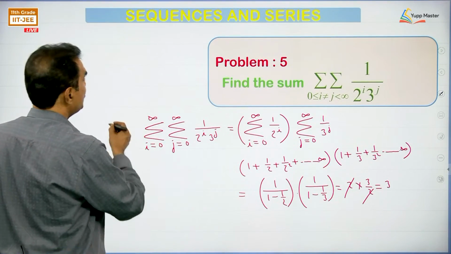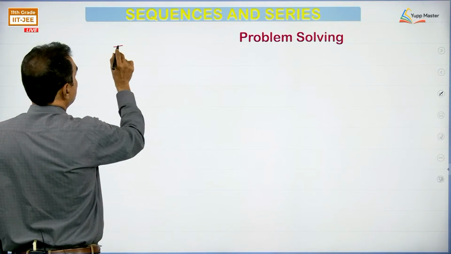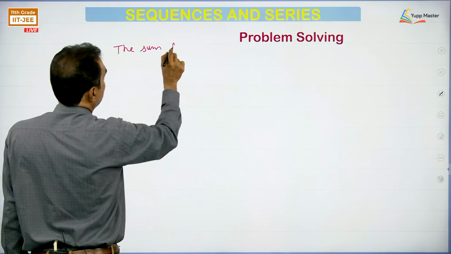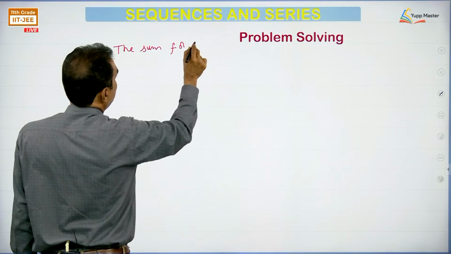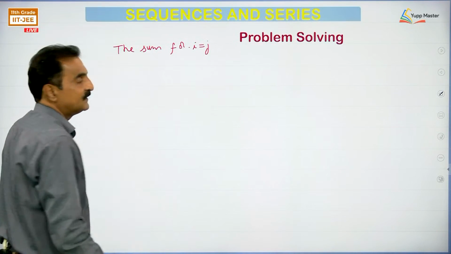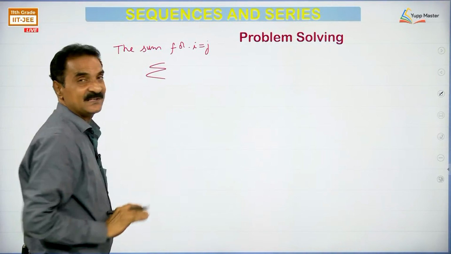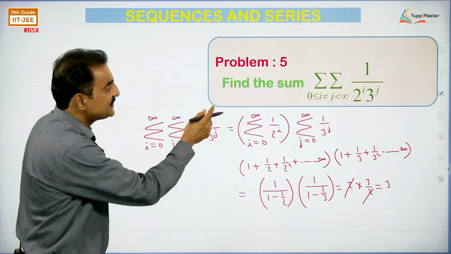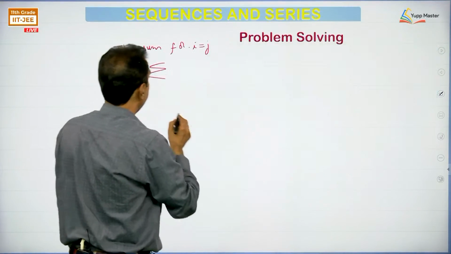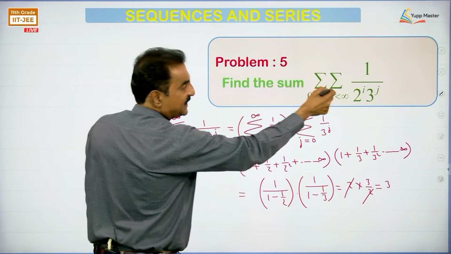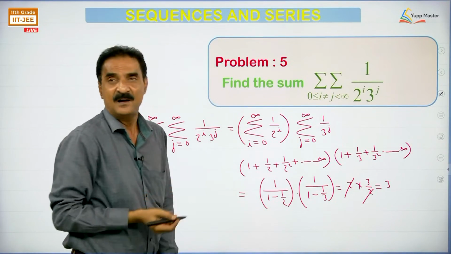So, I am going to calculate the sum for i is equal to j. For i is equal to j, you will get only a single sigma. Limits are what? 0 to infinity. But we have to write either in terms of i or in terms of j.